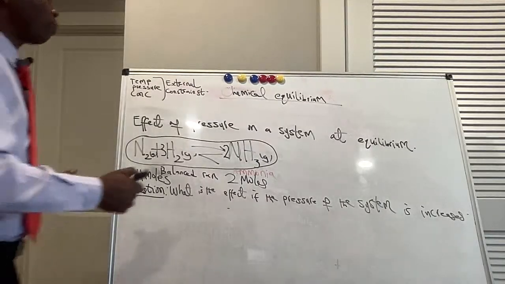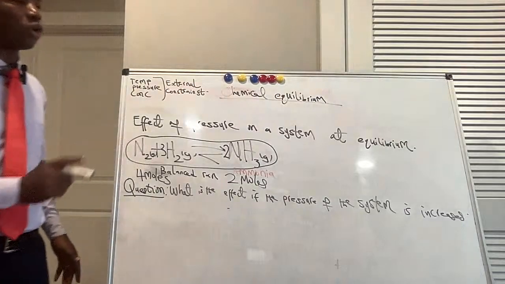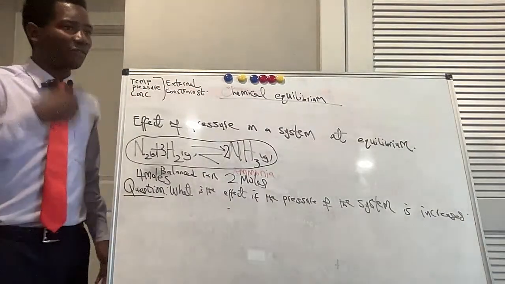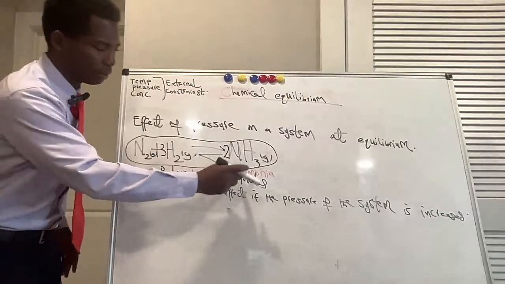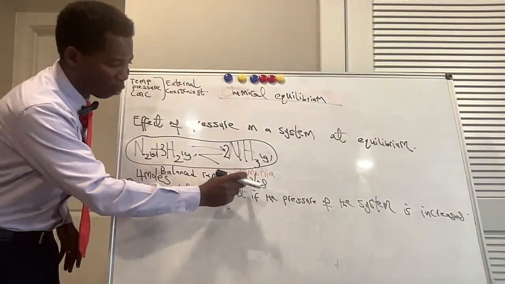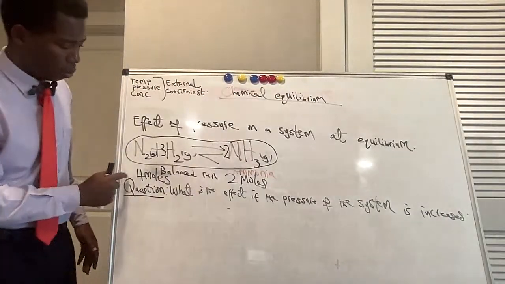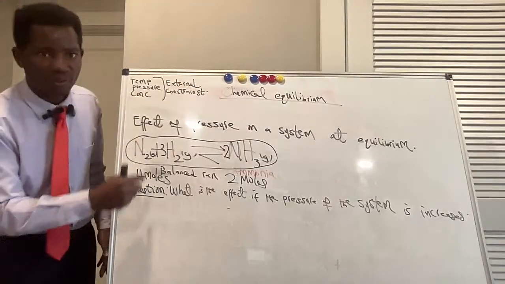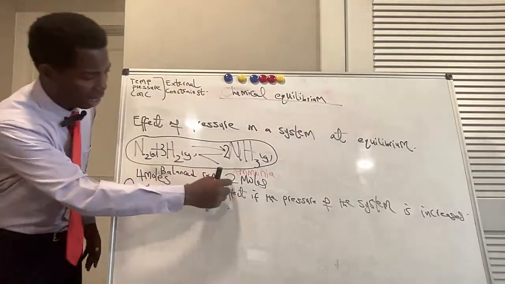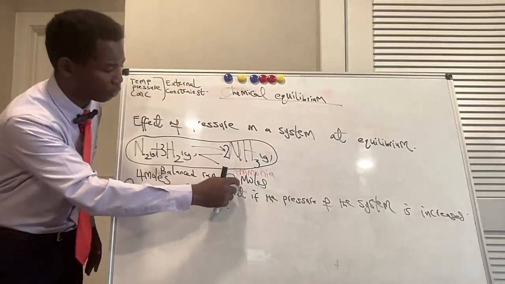So now we have been able to establish that when the pressure is increased, it favors the side with fewer moles. In this case, we have only 2 moles of ammonia, and we have 4 moles for both nitrogen and hydrogen. So it favors the side with the lesser number of moles, which is the product, ammonia.